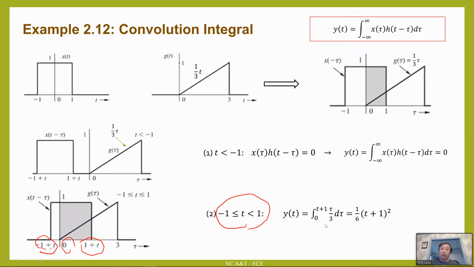And the next one is a little shift, because you need to realize that the width of g of t is 3, while the width of x of t is only 2. That means x of t can be completely inside of g of t.